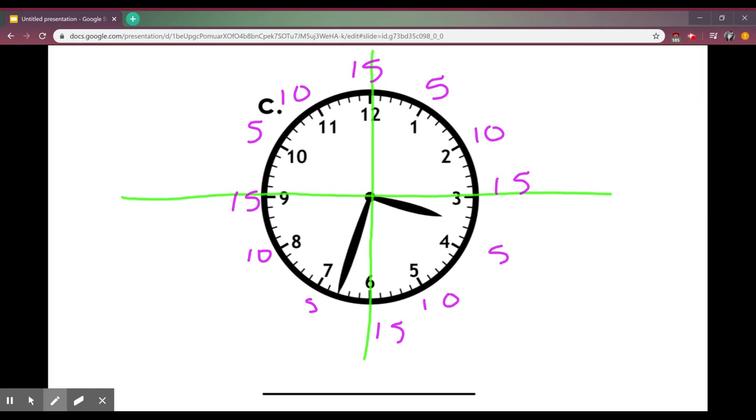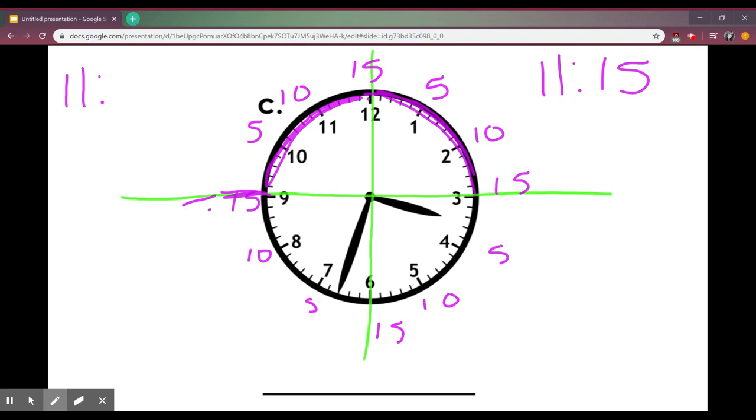So if you ever hear of a quarter after, we'll say it's a quarter after 11, that means it's 1 quarter past 11. 1 quarter would be 11:15. If you ever hear a quarter till, we'll pretend it's a quarter till 12. So it's not 12 yet, that means it'll be 11. And that means it's going to be whatever time is right before the last quarter, because it's a quarter till.